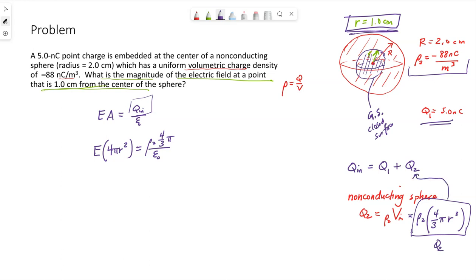I forgot about the point charge. So let me fix over here. Q enclosed is the point charge, which I have called Q1, plus the amount of charge within the non-conducting sphere, which is our charge density times 4/3 pi r cubed.